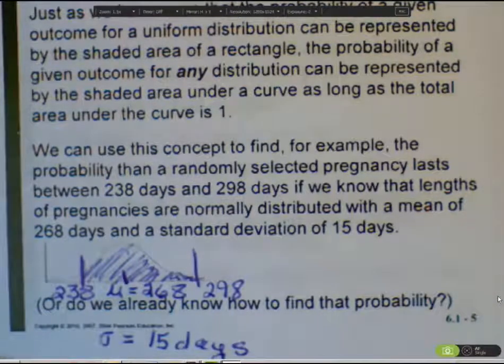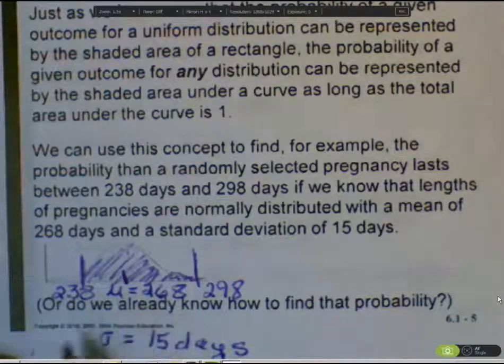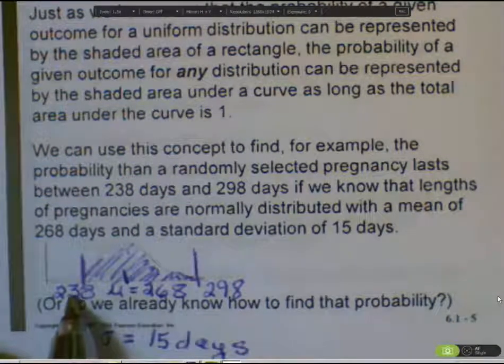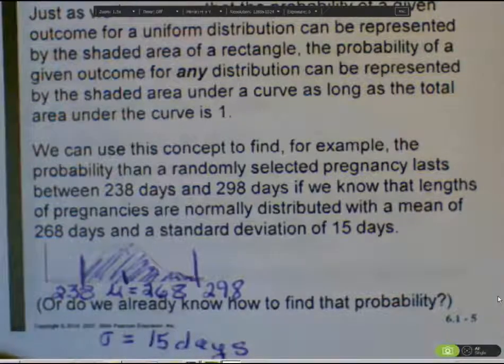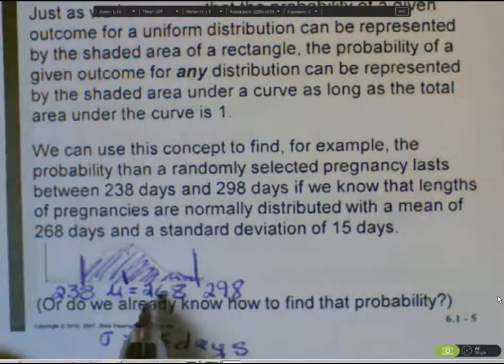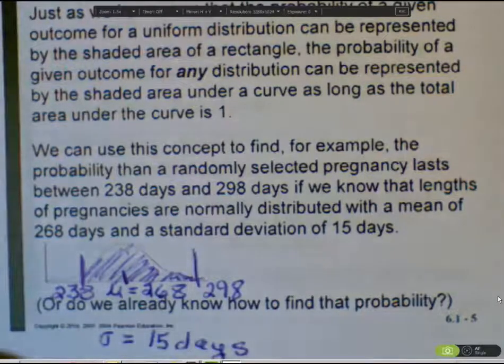Now we're going to talk about how to find that on the calculator, but think about something that you already know. How many days is 238 from 268? Or how many days is 298 from 268? They're both 30 days from the mean.